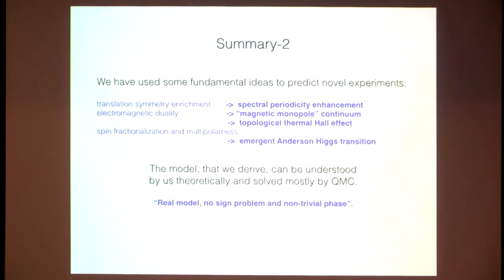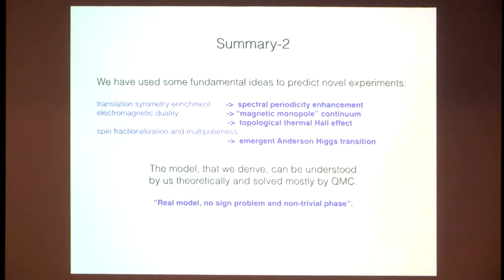So let me summarize the second part. We have used some fundamental properties to predict some novel experiments, which, due to the spin fractionalization and the multipolar structure of the local moment, show that there can be an emergent Anderson-Higgs transition induced by external magnetic field. The model we derived, that can be understood theoretically, can actually be mostly solved by quantum Monte Carlo.